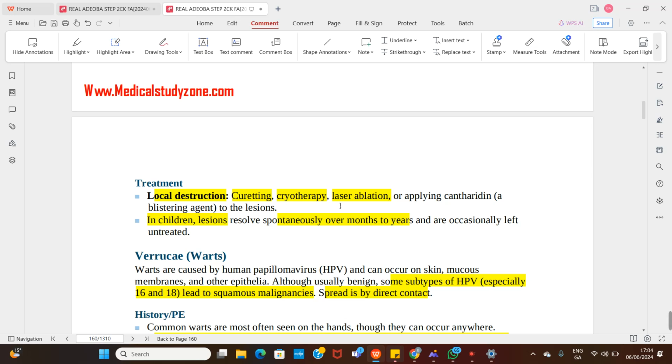You can also apply vesicants, agents that cause blisters, just blister out that lesion. An example is cantharidin. So think about cryotherapy with liquid nitrogen, scraping it off with curettage, and using laser to ablate it.